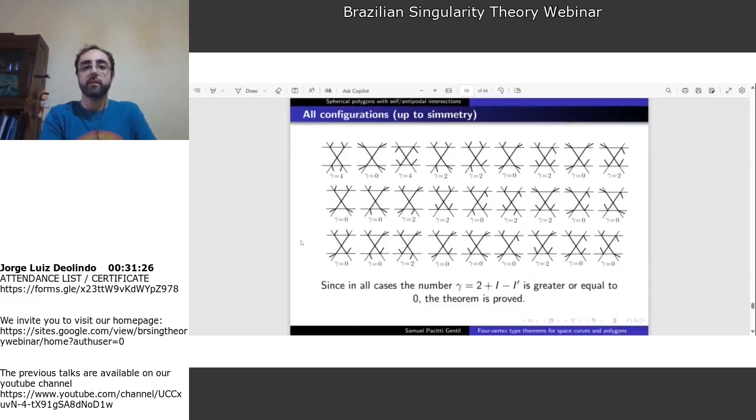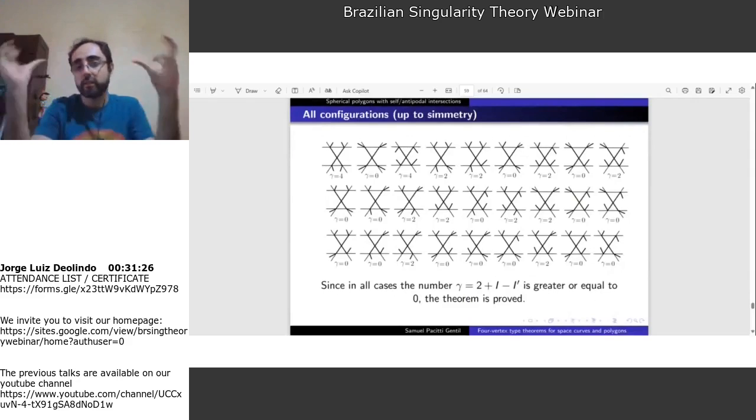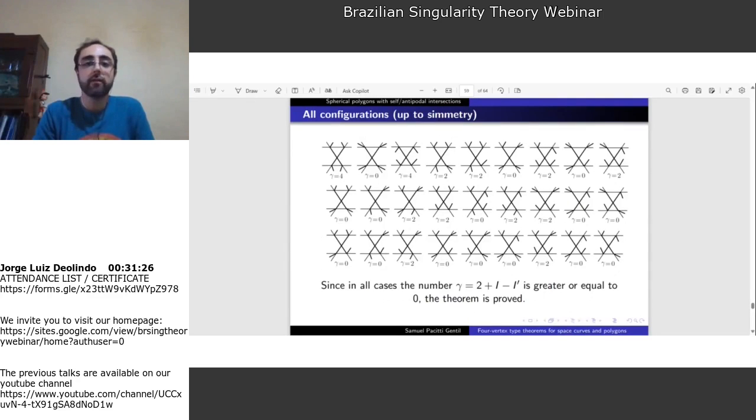These 27 cases are all the configurations that exhaust the possibilities, again, up to symmetry. And in all of the cases, if you study the number of intersections of the original polygon with the number of intersections of the new polygon, we get that this number here, in all of the cases, is greater or equal to 0. So again, the theorem is proved.